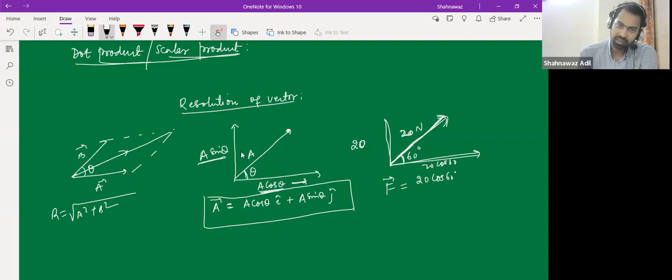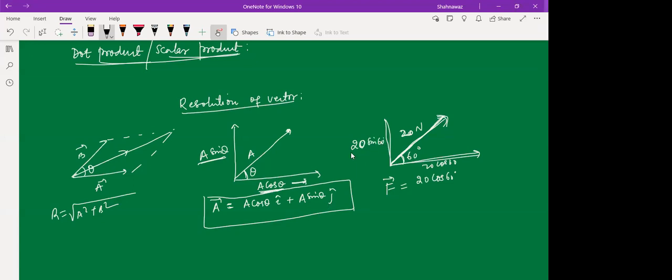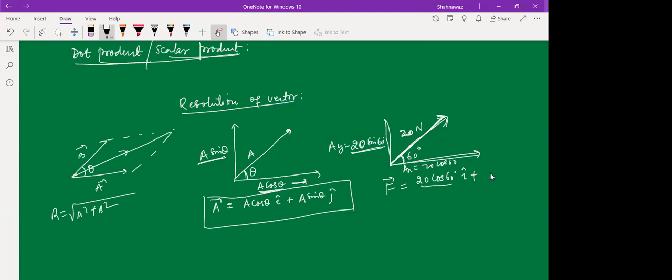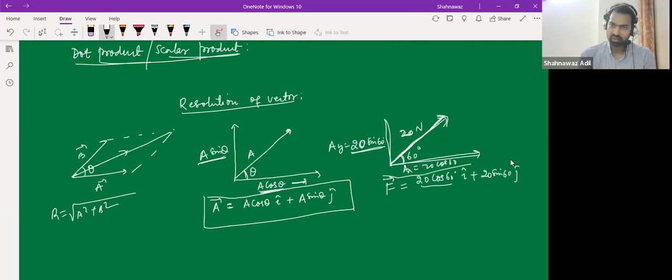And then sine of what is the angle? 60 degree. So this would be 20 cos 60 i cap and then 20 sin 60 j cap. So this is what we call the resolution of it. Always remember this, it is very important.